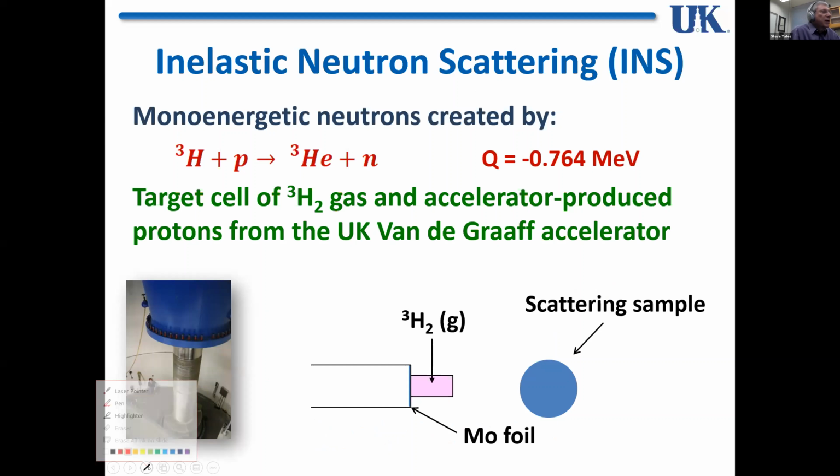Oh, here's my laser pointer. So our accelerator is here, and the protons impinge upon the gas in the gas cell. You get neutrons produced. They scatter from our scattering sample, which is excited, and then it's the gamma rays that are emitted that we're interested in.